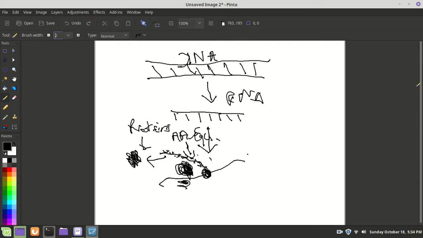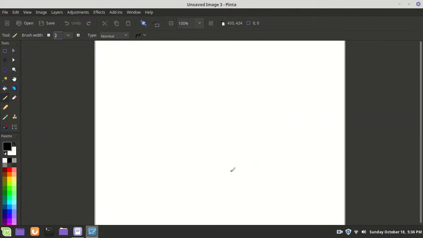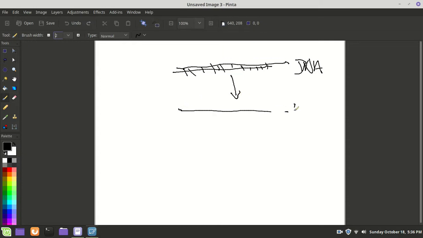So I'm going to make a new picture here. We start up here with DNA. And yes, we do make that single-stranded copy in the form of an RNA, but we're going to call this an immature RNA.